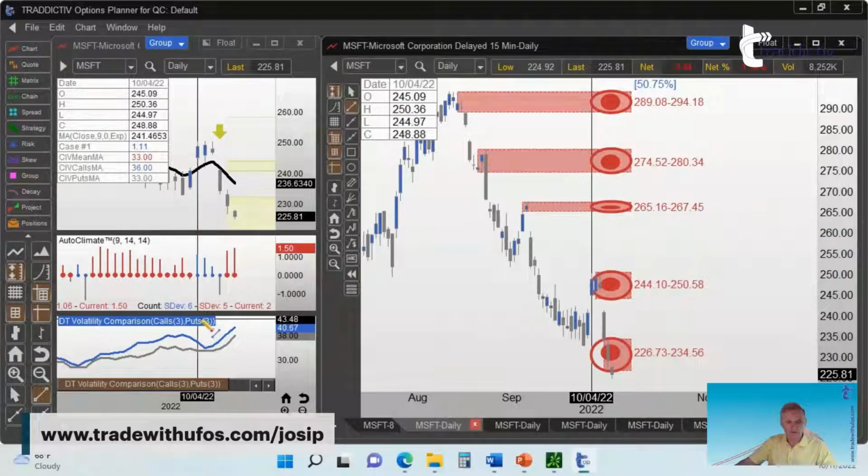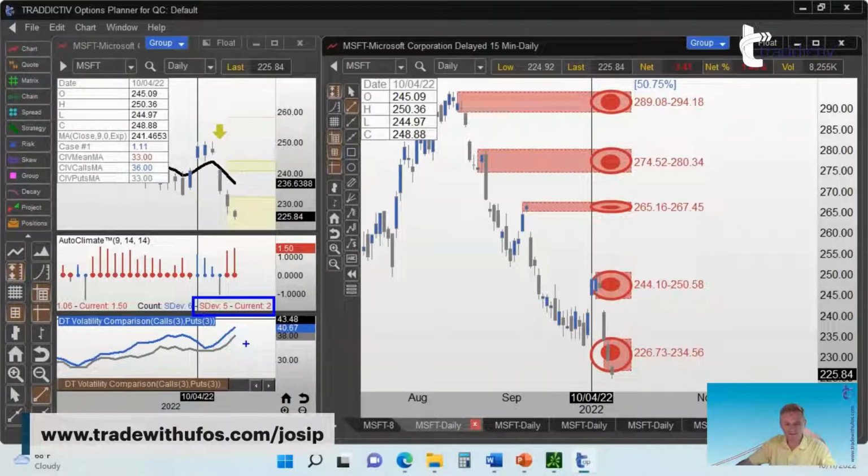According to the standard deviation, statistically speaking, we can normally have 5 down days, and we are currently 2 out of those 5 down days. But what is interesting is that implied volatility on the calls is slightly higher than implied volatility on the puts. Hint, hint, hint. Therefore, I think it's better for me to hit it with the calls.